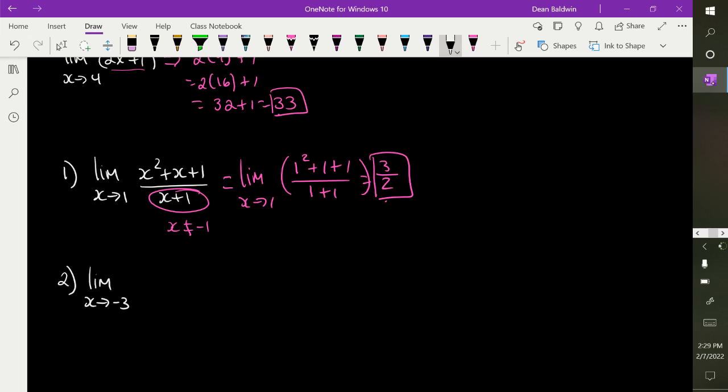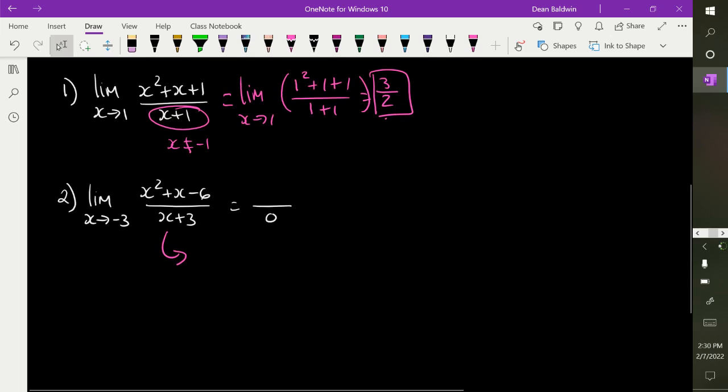So if we have x going to -3, x squared plus x minus 6 over x plus 3. Obviously, if I plug in -3, I end up with something over 0, right? Because the denominator is undefined at x is equal to -3. So you can't do it. So you have to manipulate the function.